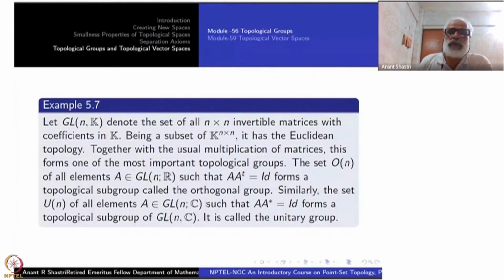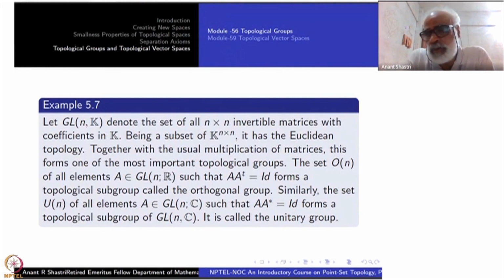One of the most interesting cases of all these topological groups occurs inside the n cross n matrices. Addition there already makes it a topological group. Even the multiplication, just like in the case of complex numbers and real numbers, of course, you have to throw away the zero matrix. Not only the zero matrix, this time you have to throw away a lot more, namely all matrices of determinant equal to 0.